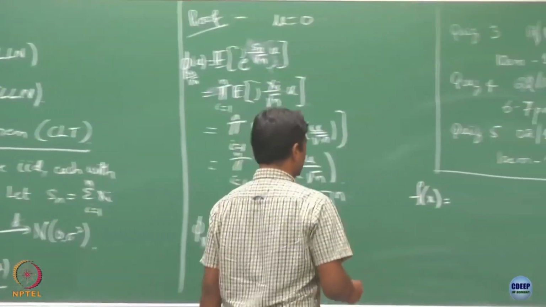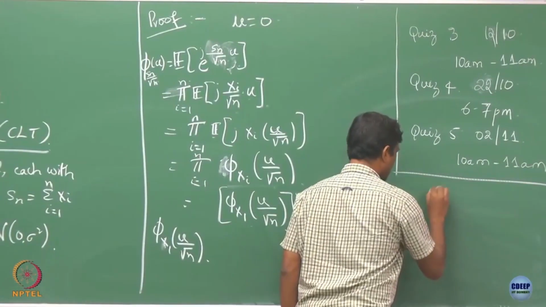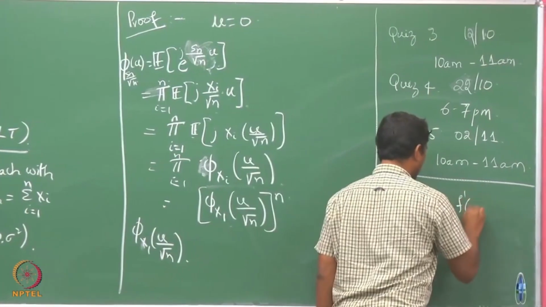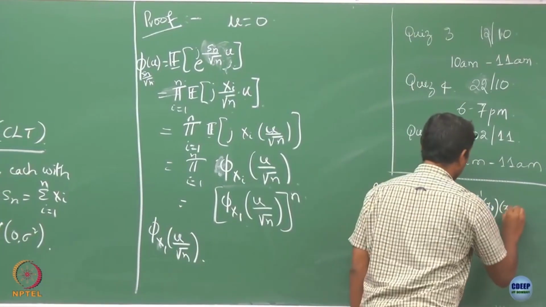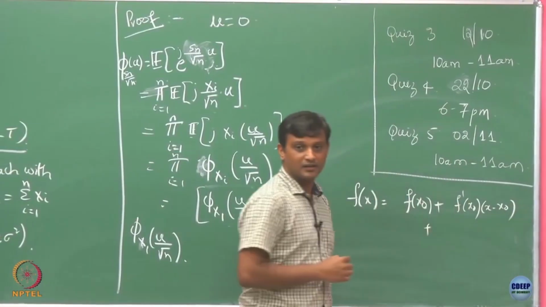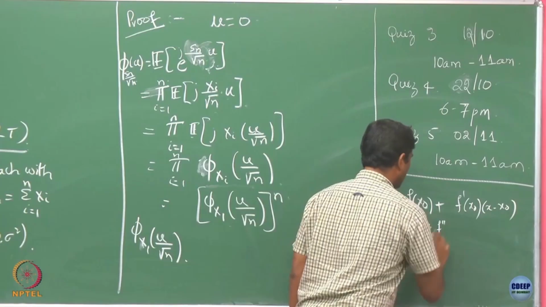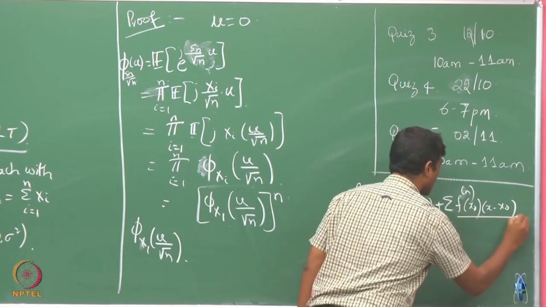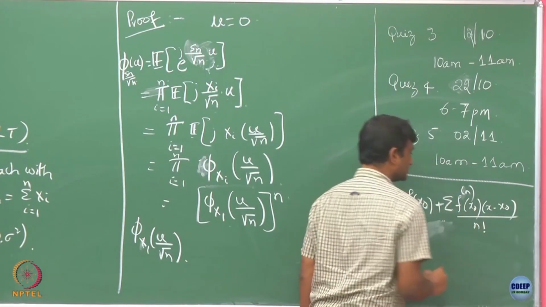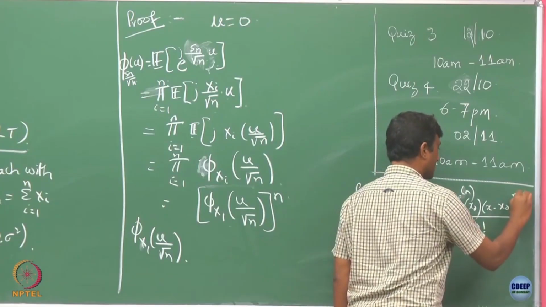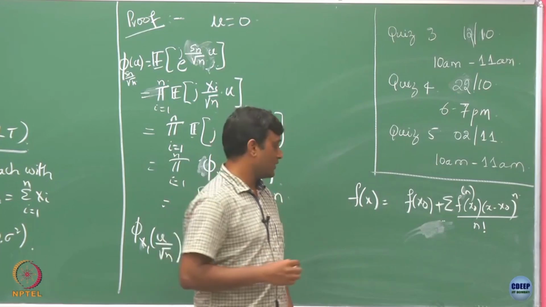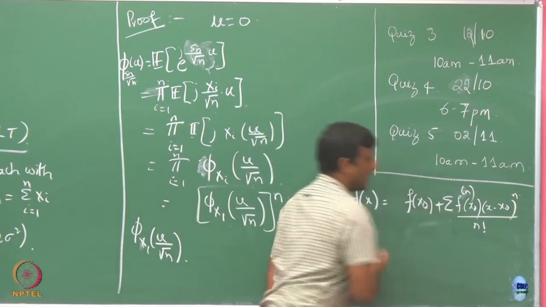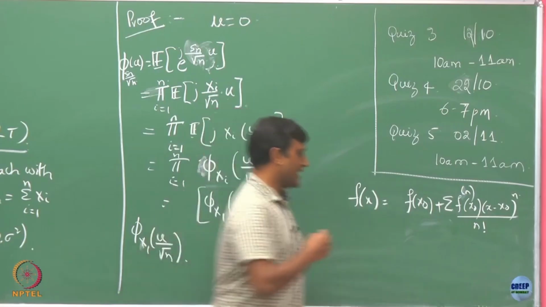Then I can write it as, in general, a sum where the index goes from 1 to infinity.